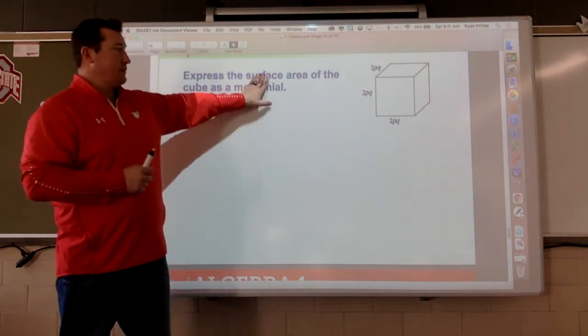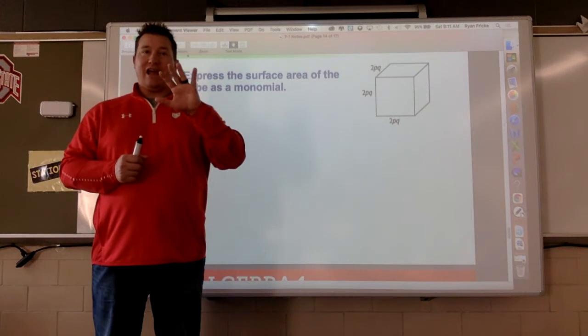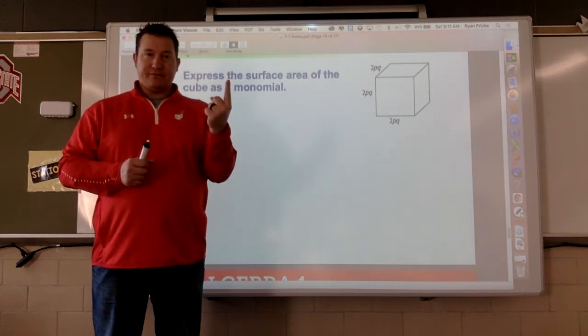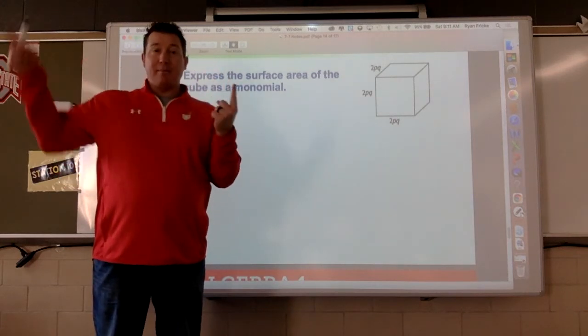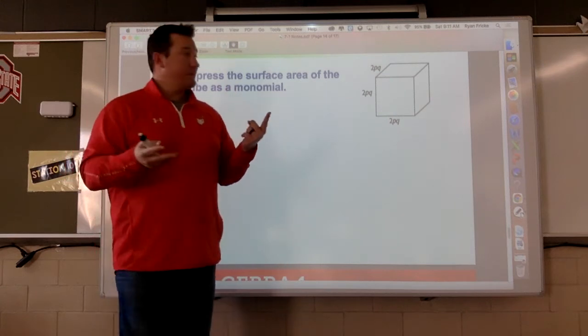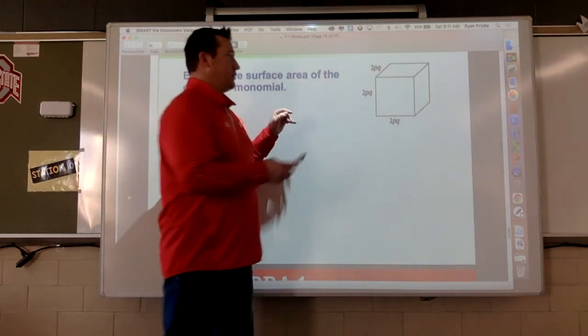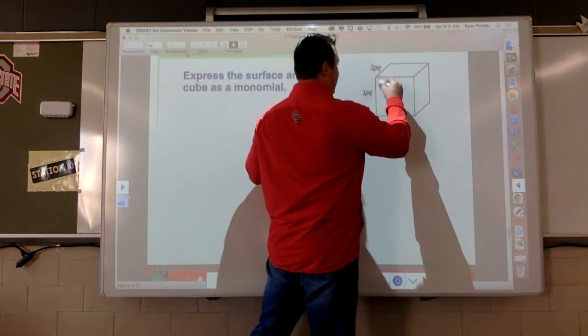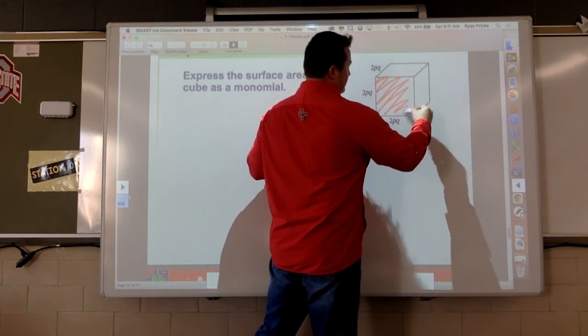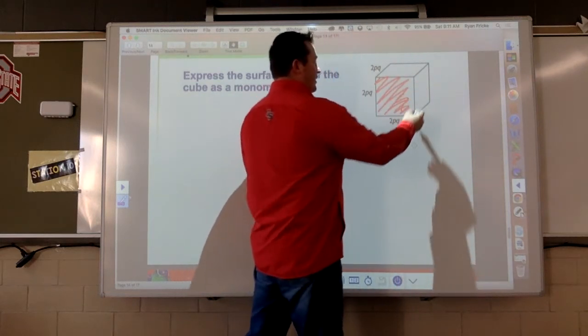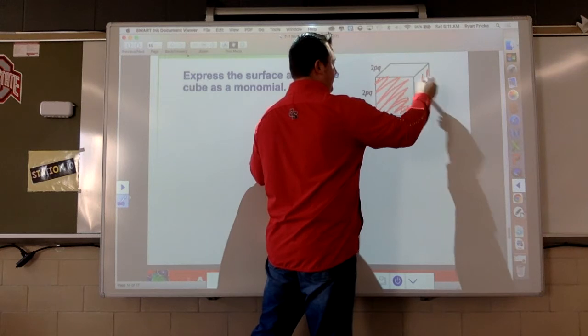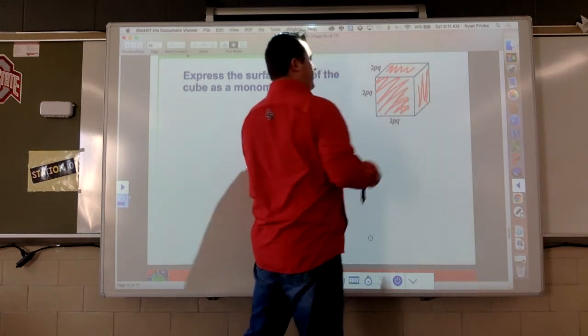So surface area. We need to find the area of one face, okay, and then multiply it by that many faces that we have. So how many faces? When I say faces, guys, I'm talking about like this is one face of the cube, and then here's another face, and then here's a third face.